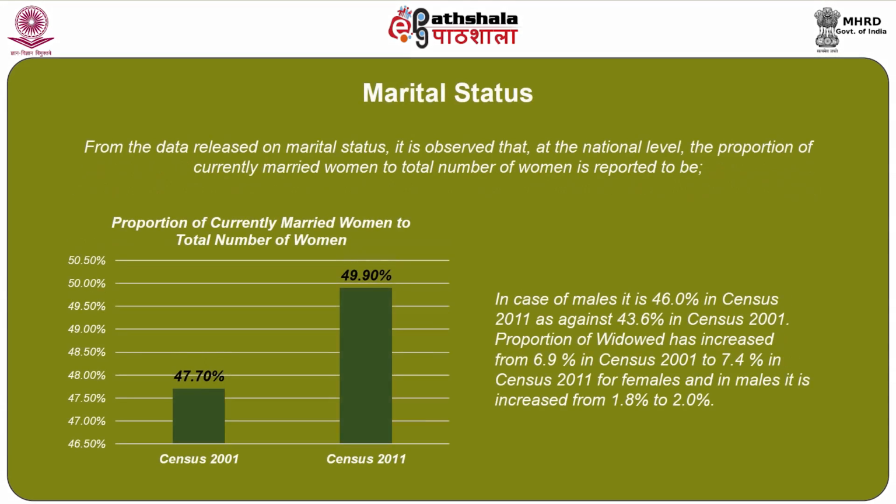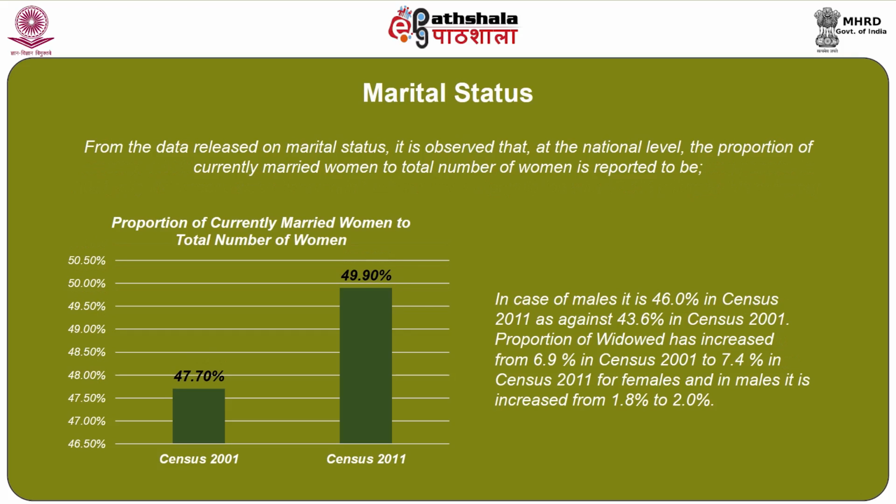From the data released on marital status, it is observed that at the national level, the proportion of currently married women to total number of women is reported to be 49.9% in census 2011 as against 47.7% in census 2001.